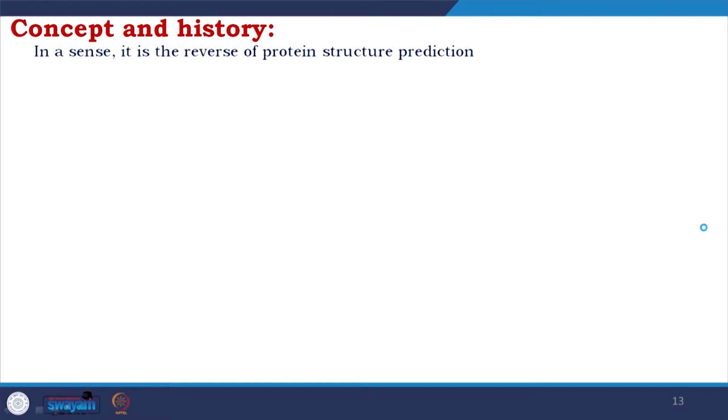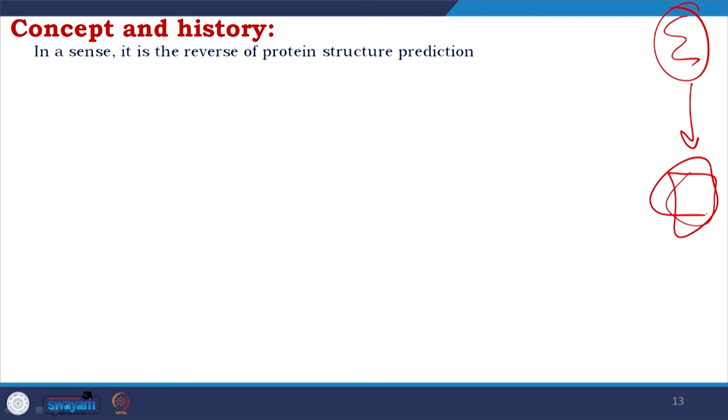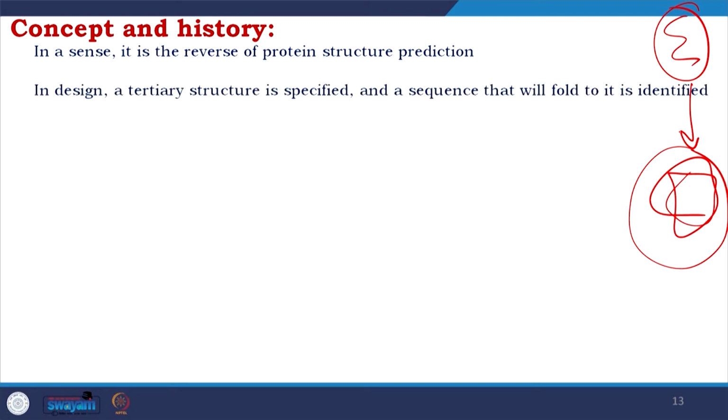In a sense, it is a reverse of protein structure prediction, because when we have protein structure prediction, we have the sequence and we get the structure. Now, we look at how we get a native fold from which sequences. That is why it is a kind of a reverse process.